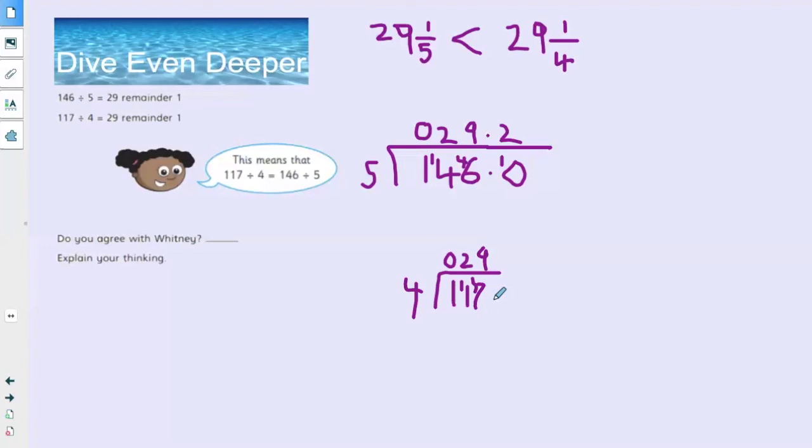Now I put my decimal point in after 117. And then 4's into 20 goes 5. So we can see that we get very different answers. So Whitney is incorrect. And that is today's lesson over and done with, guys. I will see you this afternoon for our afternoon learning.